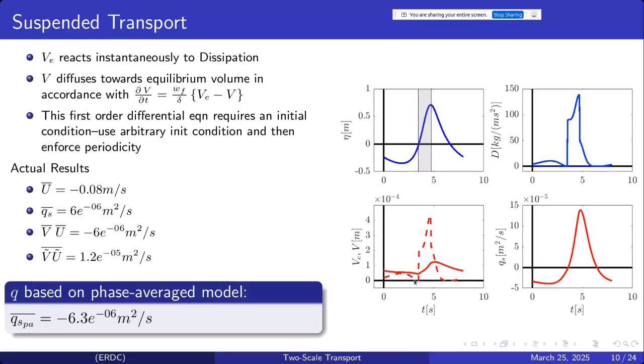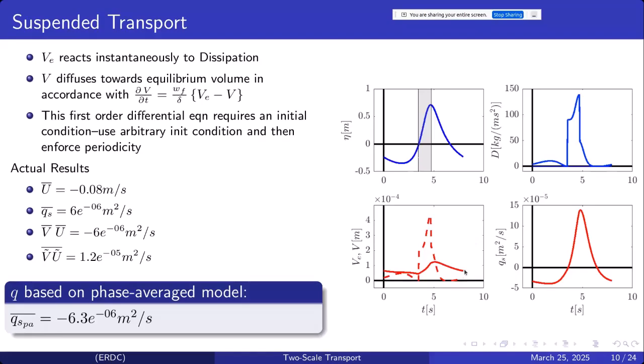And you have an equilibrium volume in the dashed red line, and then you have an actual concentration field that evolves by this simple first order linear equation; it diffuses towards that equilibrium.